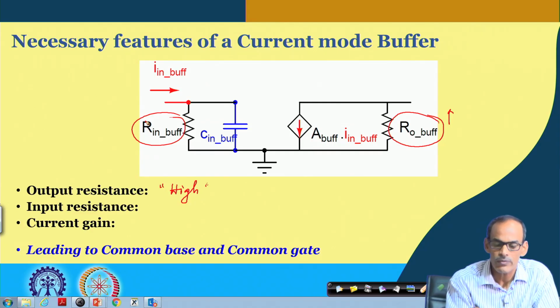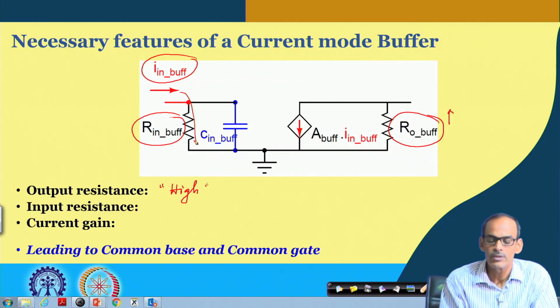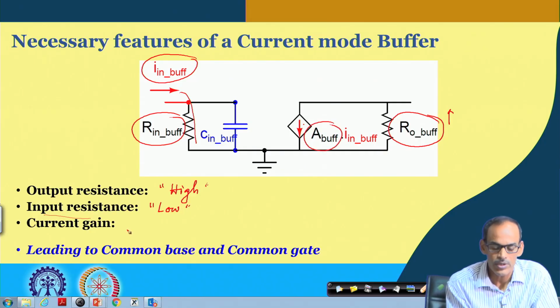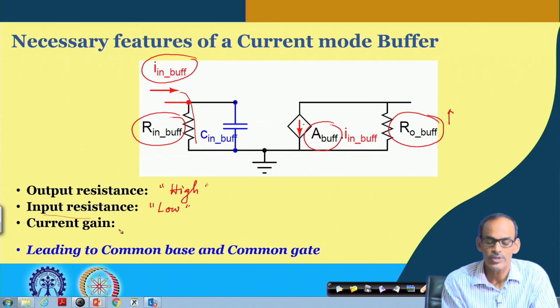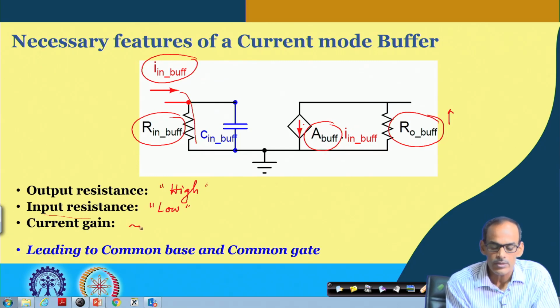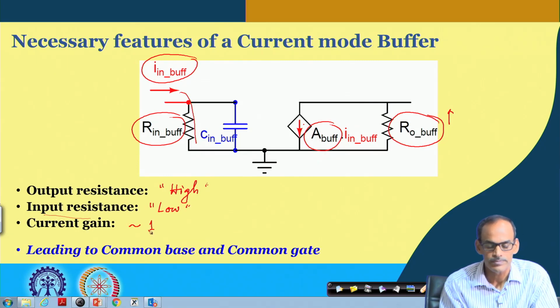To avoid the loading effect, the input current should be consumed by this circuit without any problem, so that we can get the signal propagating there. So, the input resistance should be quote and unquote low. And then of course, for the current gain, we should be happy if we are not attenuating the signal, it may be in the order of 1.